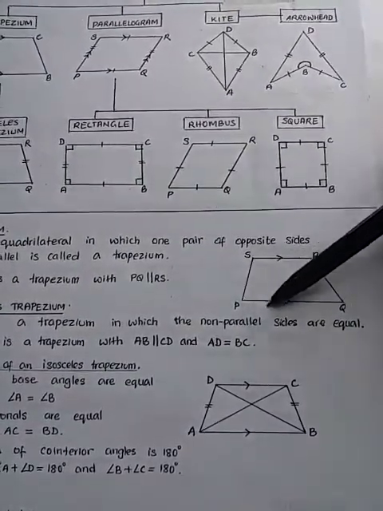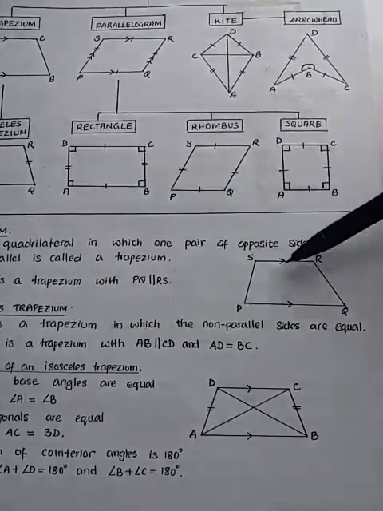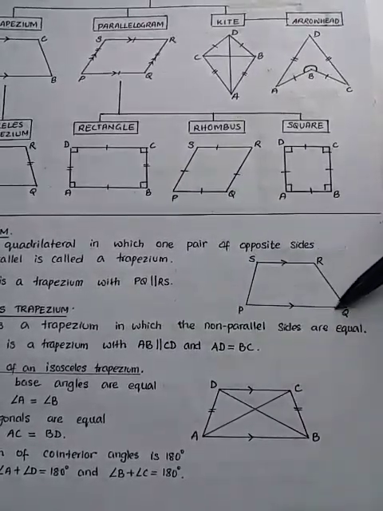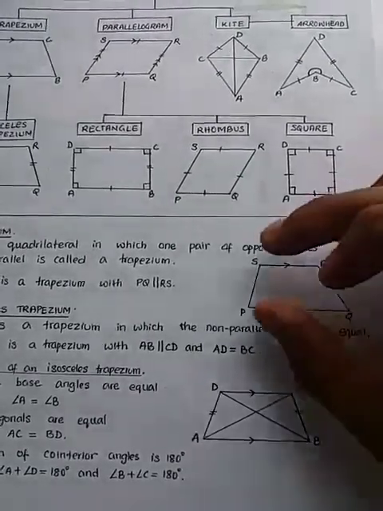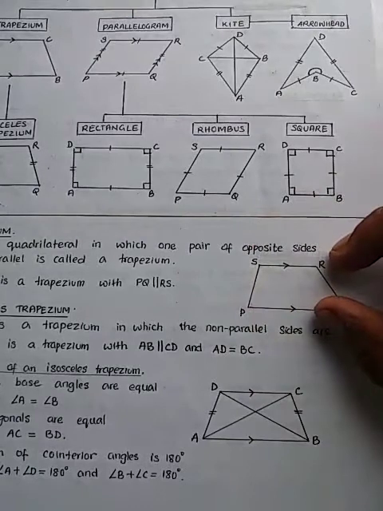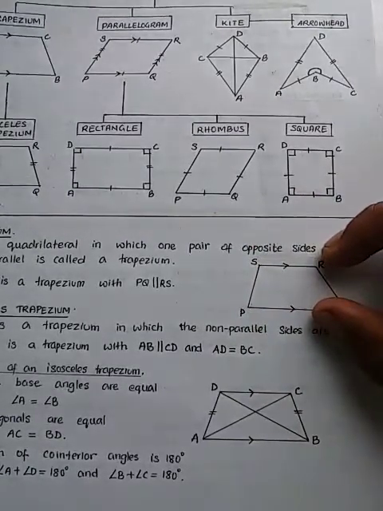So here in this figure, PQ and SR are parallel. So in any quadrilateral, if you see one pair of parallel sides, then that figure is a trapezium.